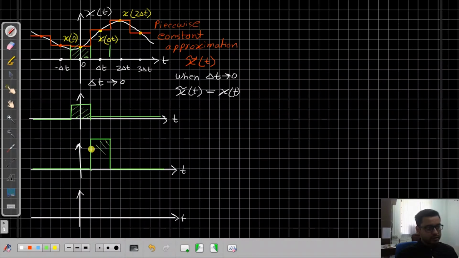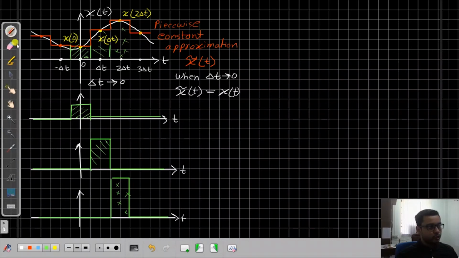So this part is representing this part of the signal. Next, consider this region where the height is 1, 2, 3, 4. So I draw it like this. This is the same as this region.